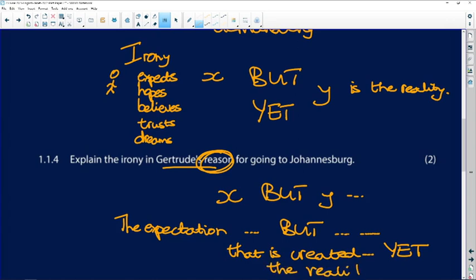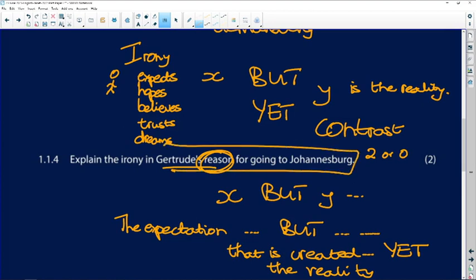If you do not show the contrast in this question, you get naught. So if you look at a memo, it says give the candidate two or nothing. You cannot say Gertrude's reason for going to Johannesburg is that her husband went to work on the mines and he never came home.